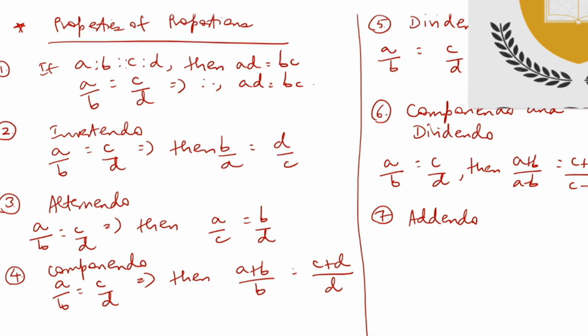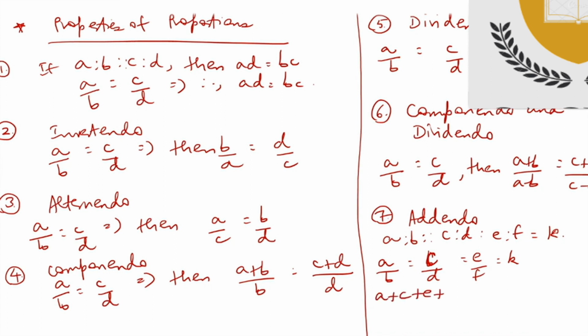Addendo says that if A is to B, proportion C is to D, proportion E is to F, and all these are equal to say K, then A by B is equal to C by D is equal to E by F is equal to K, then A plus C plus E plus so on and so forth by B plus D plus F plus so on and so forth is also equal to K.